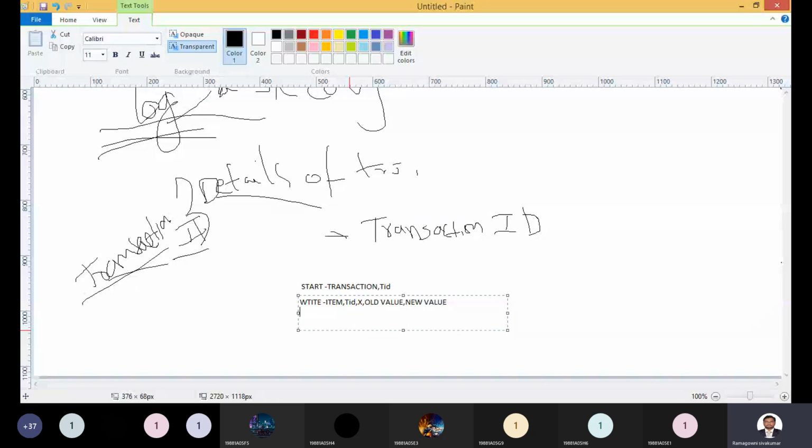Next, the read operation: read item, comma, transaction ID, item is X. Then if you have performed all this, the commit details are also available with the transaction ID.